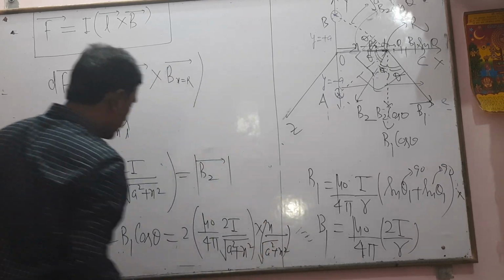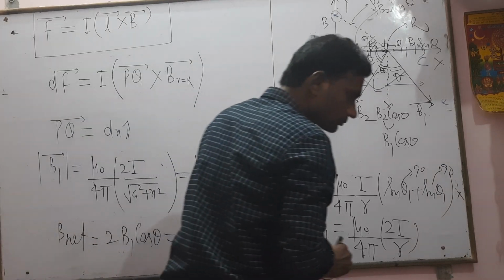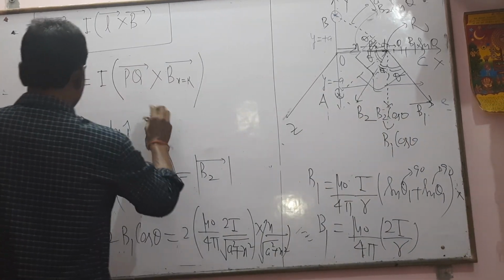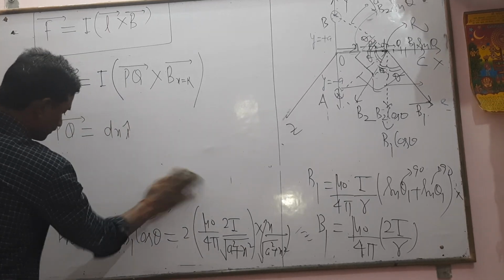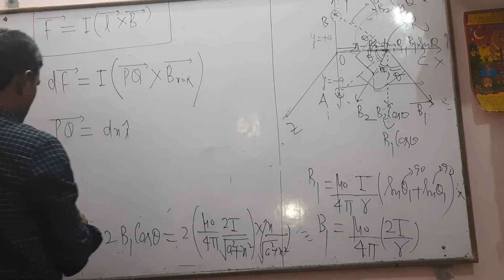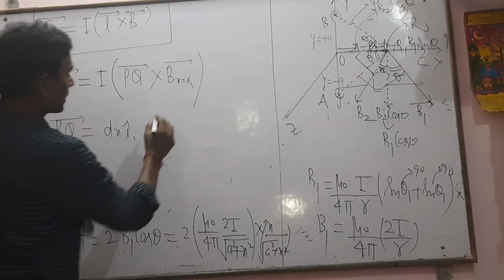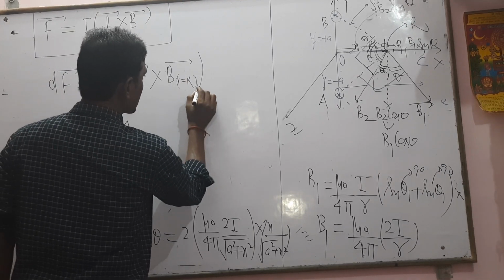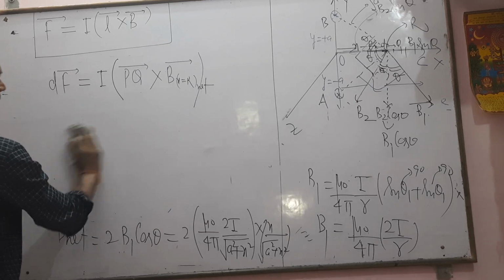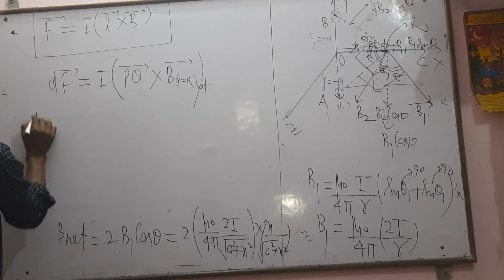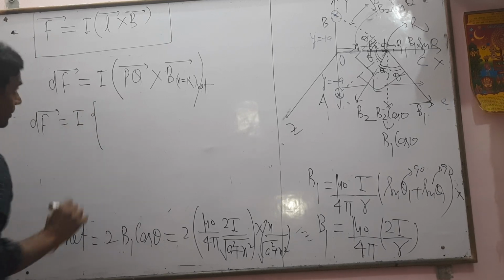Now we are trying to simplify your B net. So put the value of B net at x equal to R. So dF, that is dx into i cap, this is the PQ vector. So dF vector equals i into PQ vector.